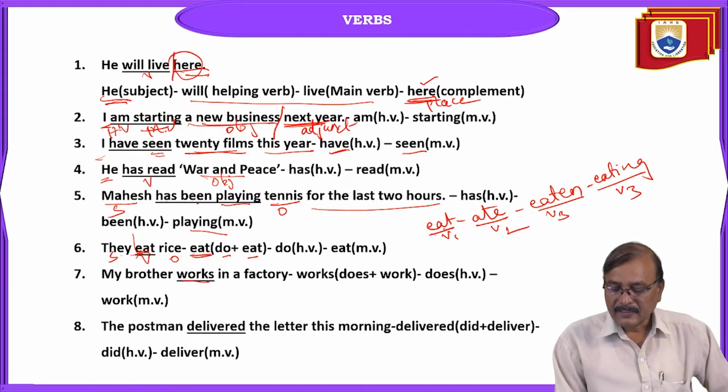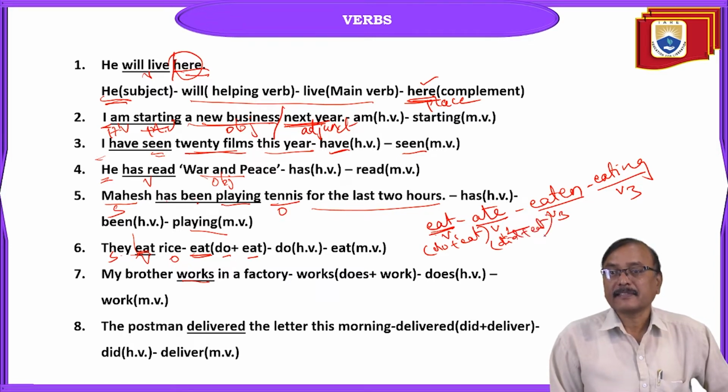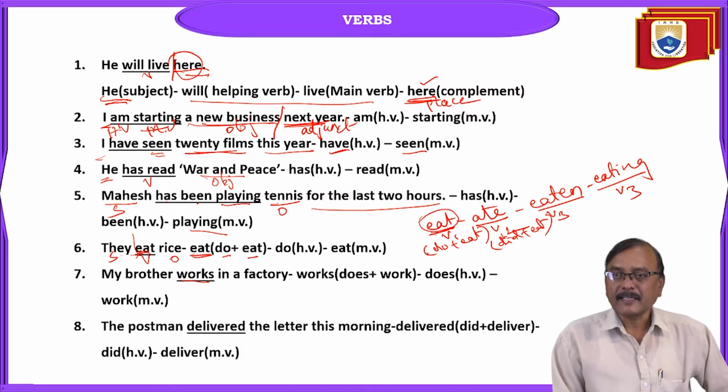You see here, this V1 form or present form is the combination of do plus eat. This V2 form is the combination of did plus eat. So, in eat, the helping verb is do, your main verb is eat. In ate, the helping verb is did, main verb is eat.